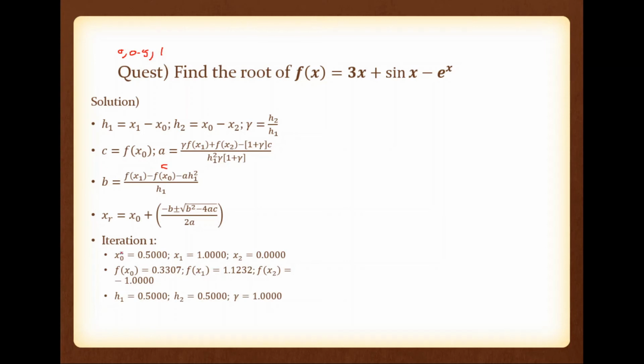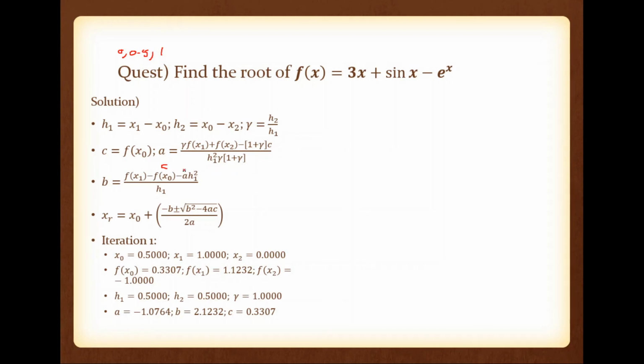So what is a? A is equal to gamma into f of x1 plus f of x2 minus 1 plus gamma into c divided by h1 square into gamma into 1 plus gamma.